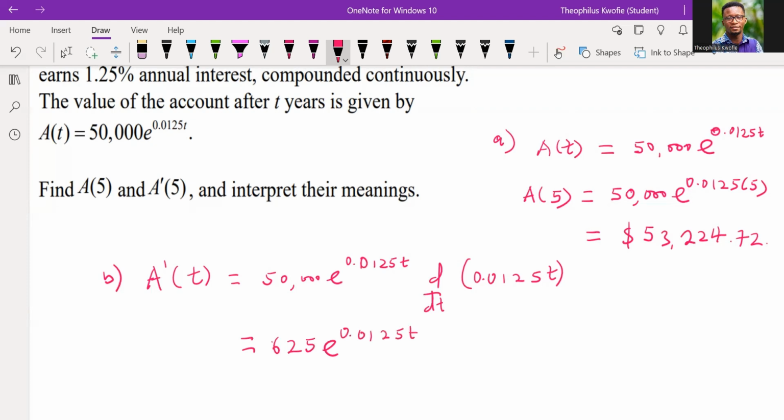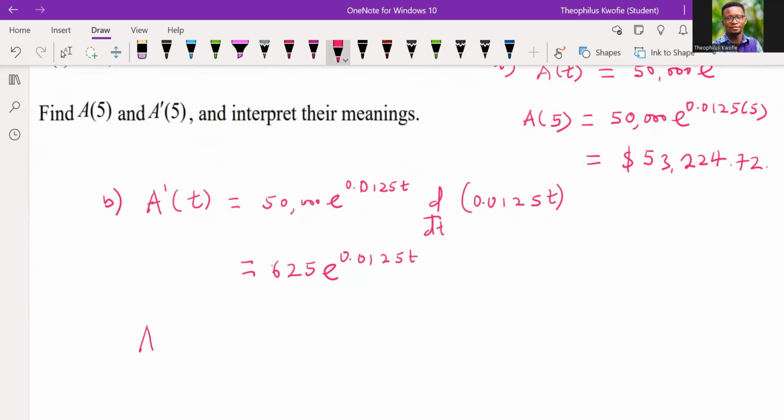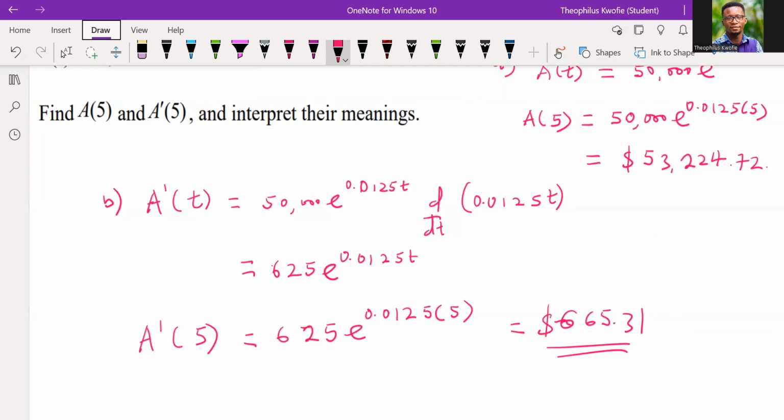So please, let's take notes. Now, what is the rate at which this function is changing over time, and the time is 5 years? We claim that after exactly 5 years, this is how we can interpret this result.